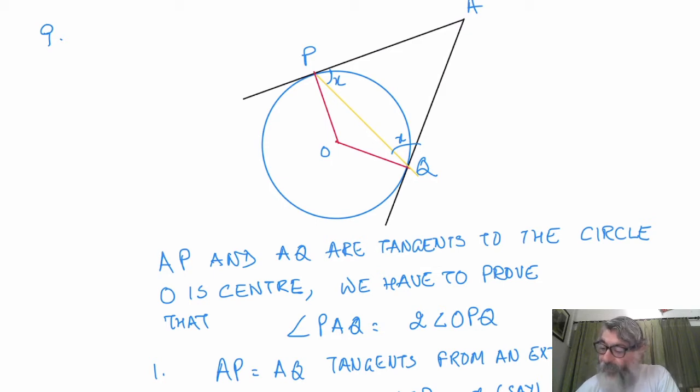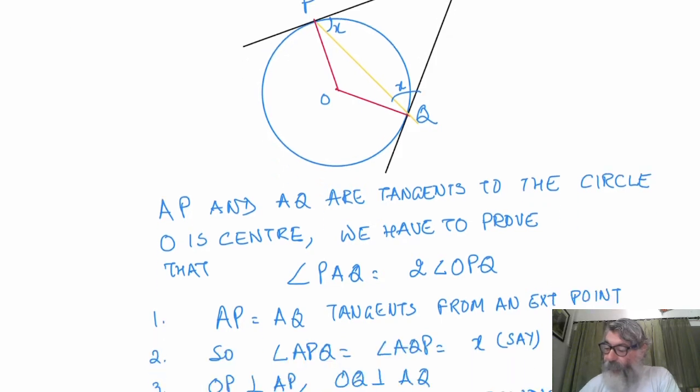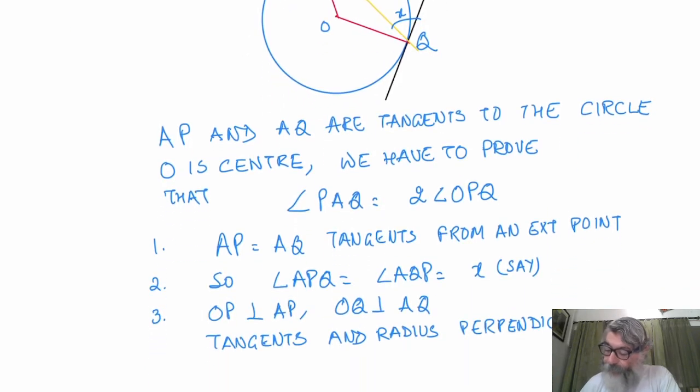So angle OPQ will be equal to 90 minus x, and also angle OQP will be 90 minus x.